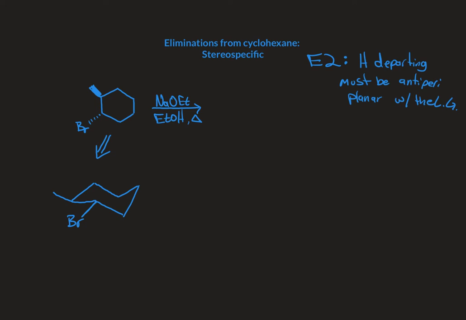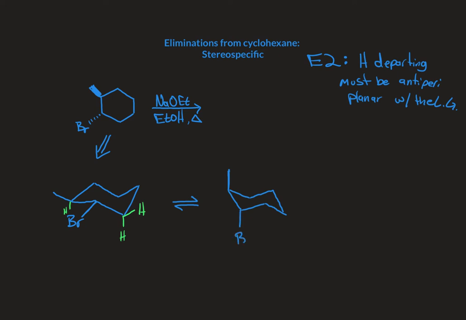The hydrogen on this carbon is going down. That's gauche to the bromine. This carbon has 2 hydrogens. They're both also gauche to this bromine. If I draw the other chair conformation, my methyl group goes axial up.